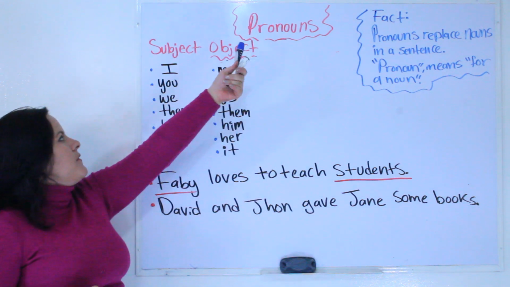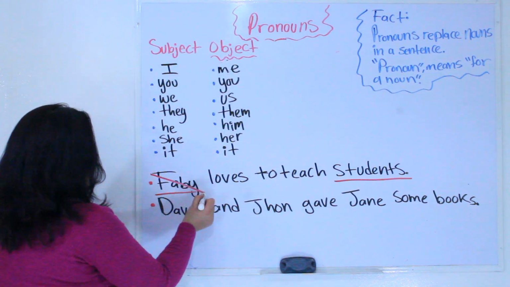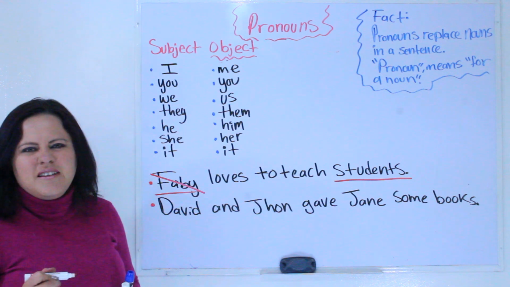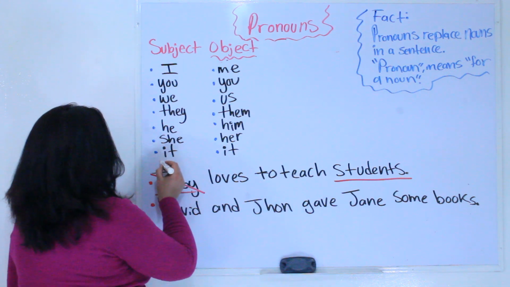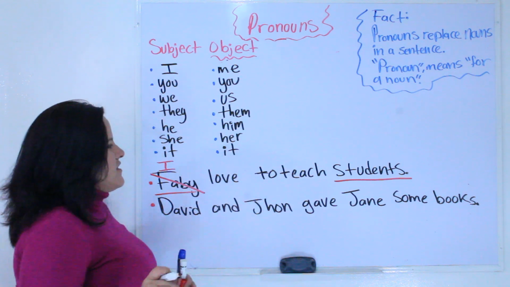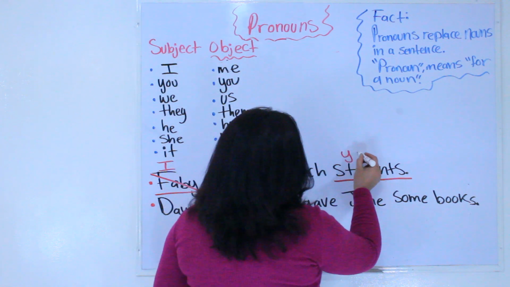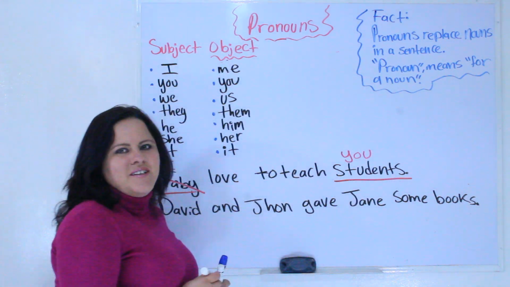So what are pronouns for a noun? We can use them. Let's say that I don't want to use Fabi. Let's use I. I love to teach students. Or I love to teach you.